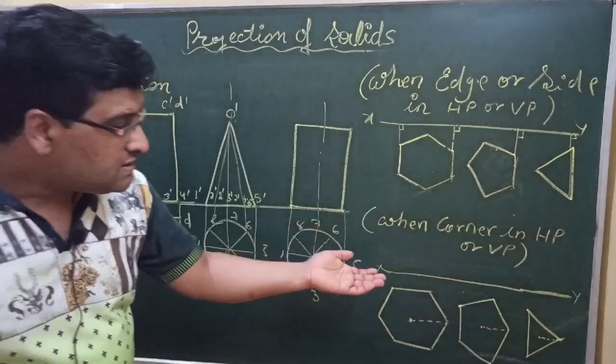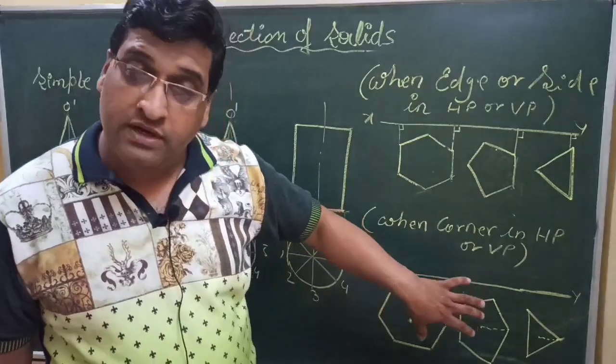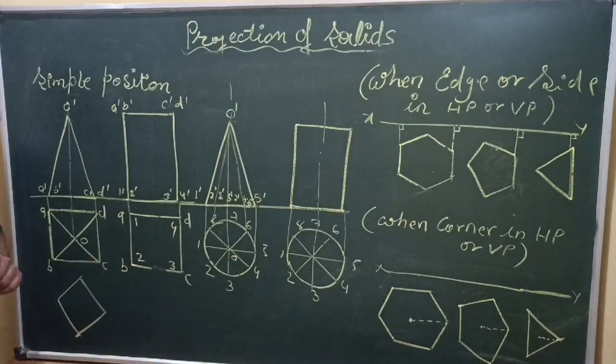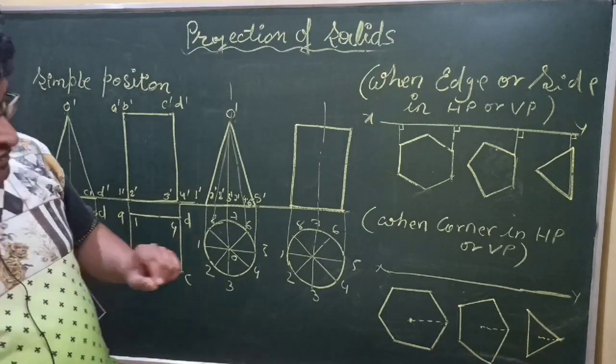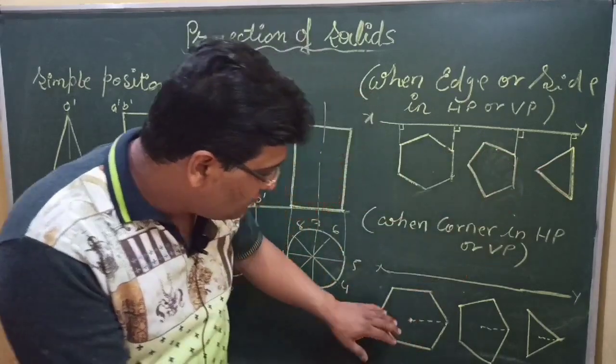This is the case for corner condition, means where the solid is resting on HP or VP with one of its base corners or points of the base. So in this case you just turn these diagrams by 90 degrees, means like this.